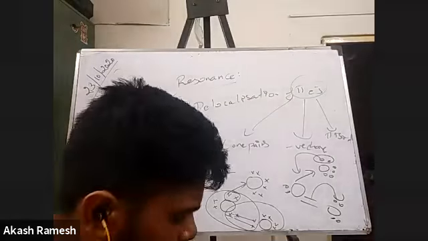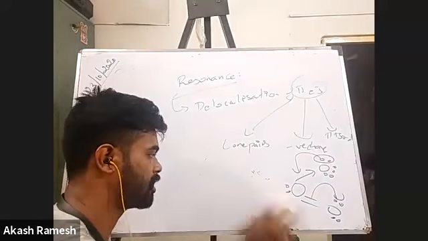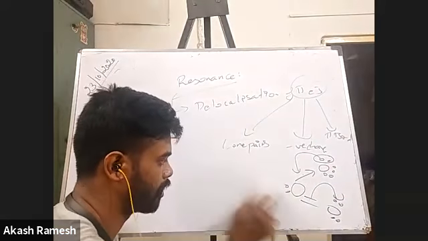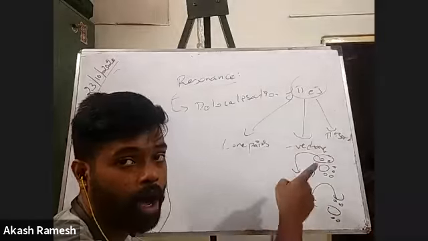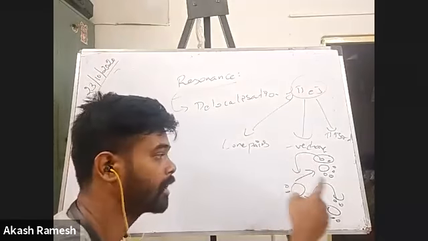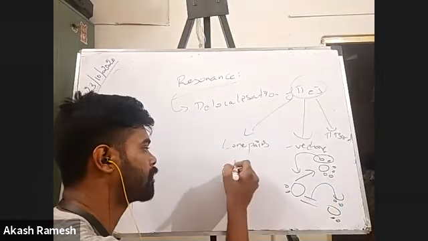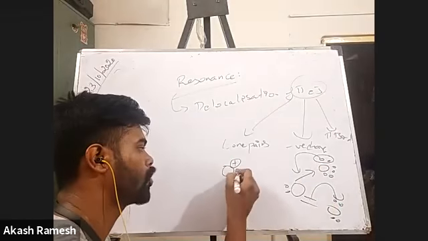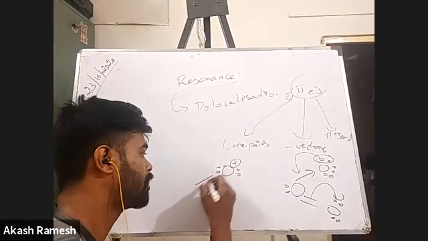Okay, now how will I write the resonance structure? Now this is what is happening. Now how do I represent it? Please understand people, this oxygen atom has lost electrons. So this oxygen atom is going to have a positive charge with 2 electrons. Okay, and still a double bond is going to exist.